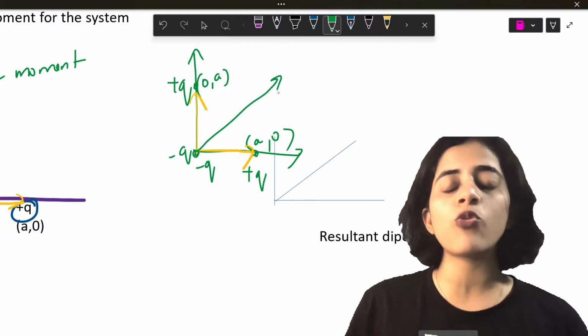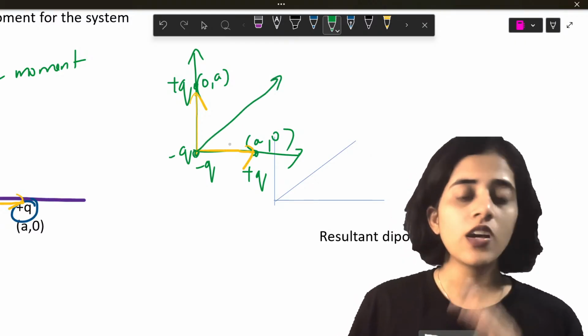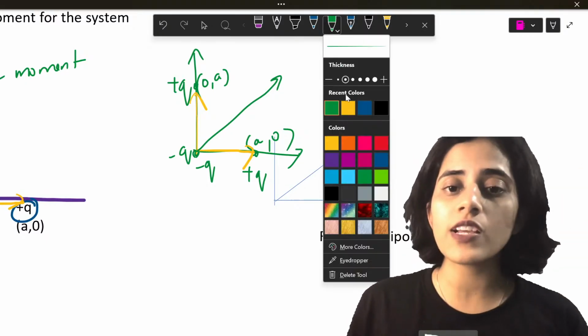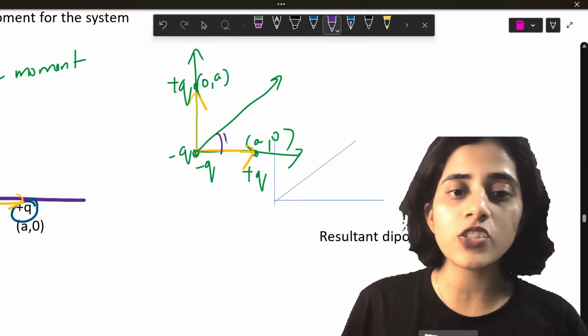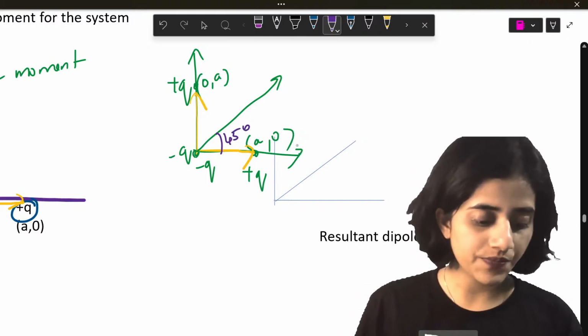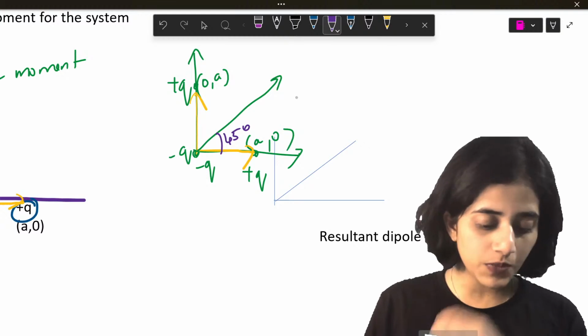Now, if you want to find out the resultant dipole, you have to cut it at an angle which is equal to both. So, obviously, this angle has to be equal to 45 degrees, isn't it? And what will the value be?